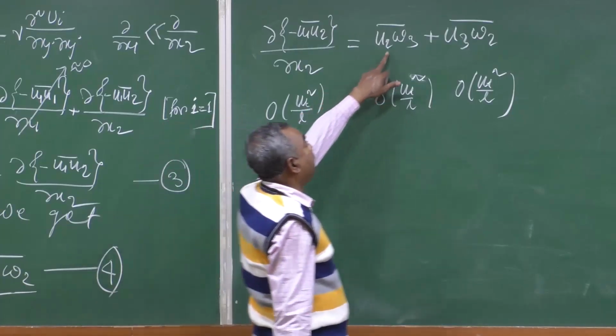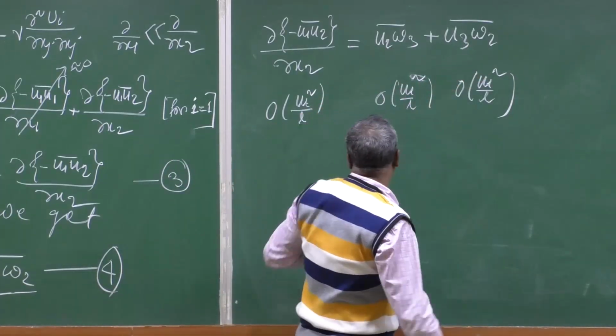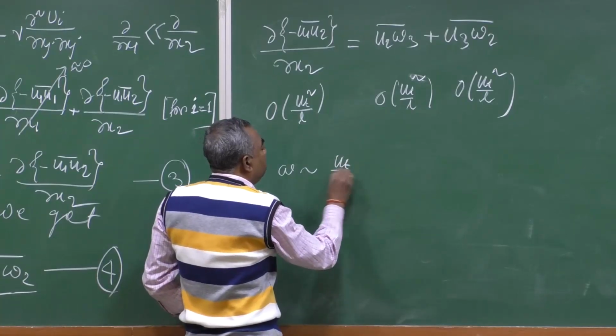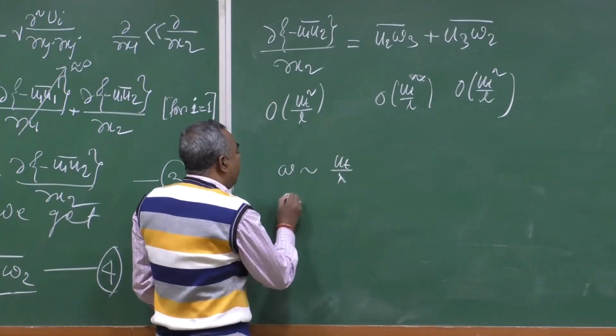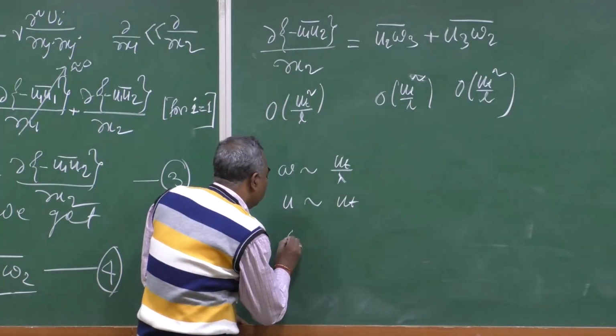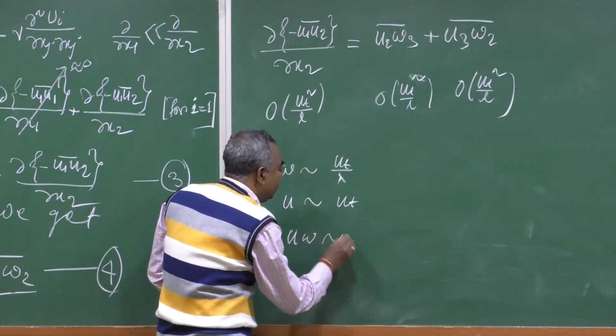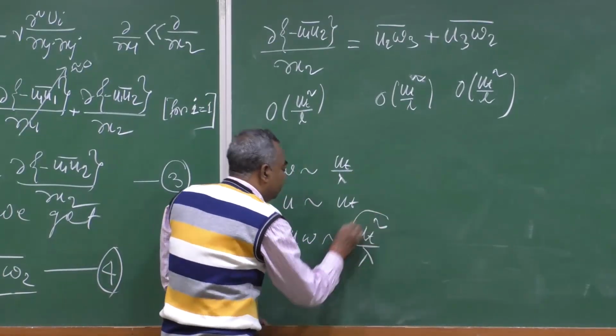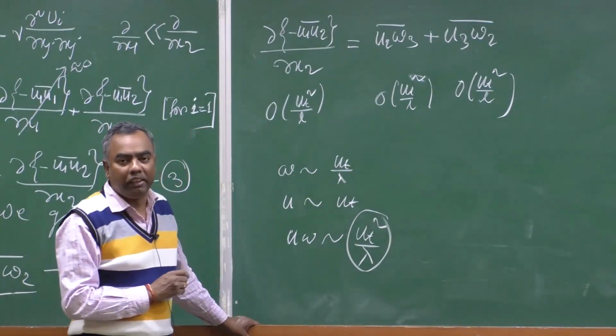But we will come to know a little later that omega is actually of the order of ut by lambda, and u is of the order of ut. So, u into omega is essentially of the order of ut square by lambda. So, what is the mistake we are making here?